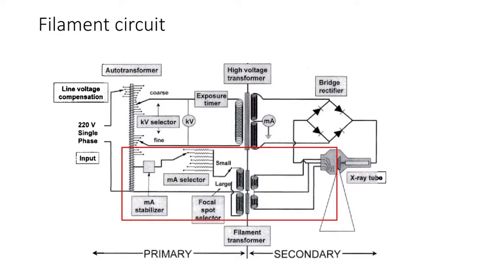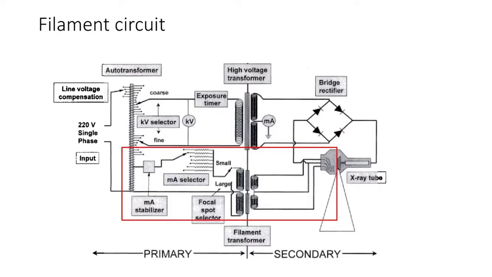For instance, suppose in our kV selector we make a selection of a kVp of 110 kilovolts. It's always good practice to make sure we truly have 110 kilovolts through our circuit. So we have a voltmeter to measure that.